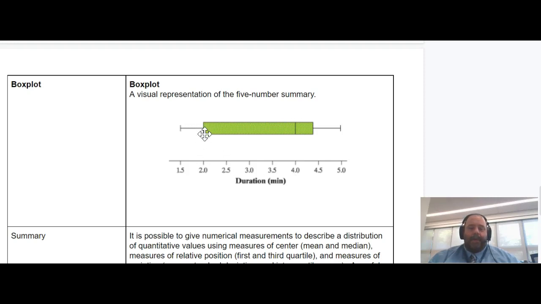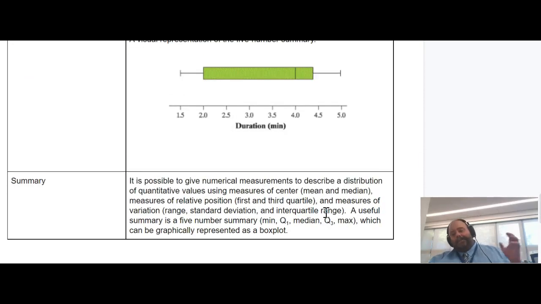The first quartile is 2 minutes, and the third quartile is around 4.5, maybe 4.4 minutes, right? So 25% of the data is in the beginning part of the bar, 25% is at the end part of the bar, and 25% is from the bar to the end of the tail. This is a pictorial representation of the 5-number summary: minimum, first quartile, median, third quartile, maximum.